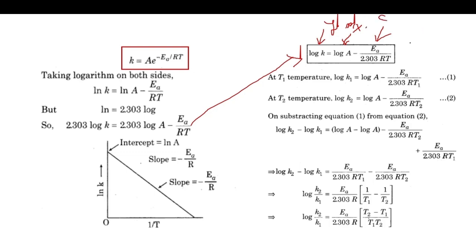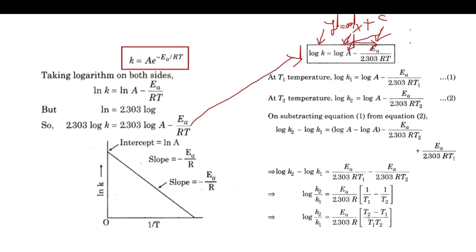So this equation is coming like y equals mx plus c. If you plot y, that is log k or ln k, with 1 by T, where your x is 1 by T, then m is this value and c is this value.